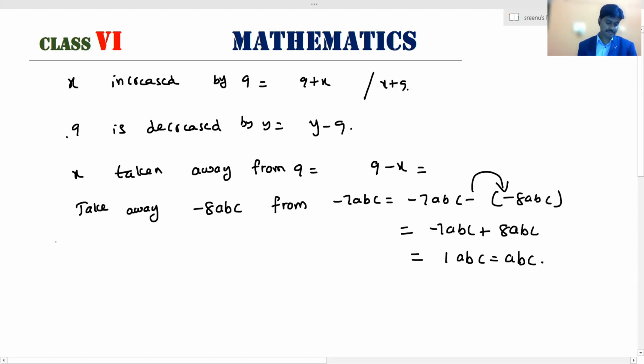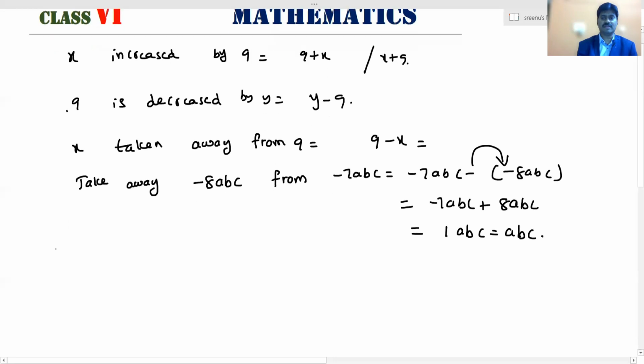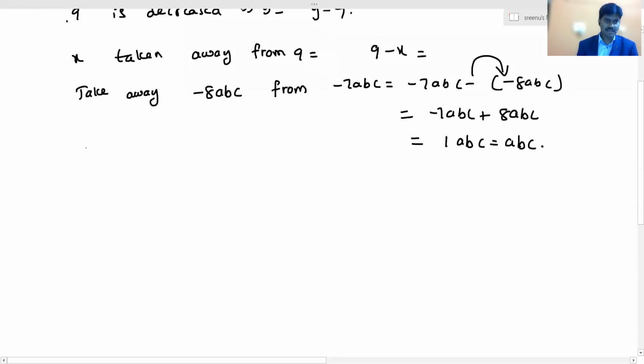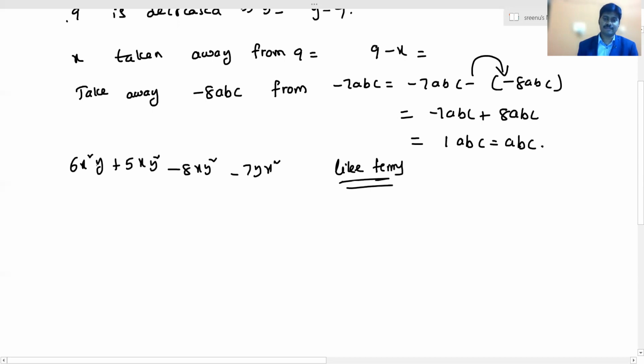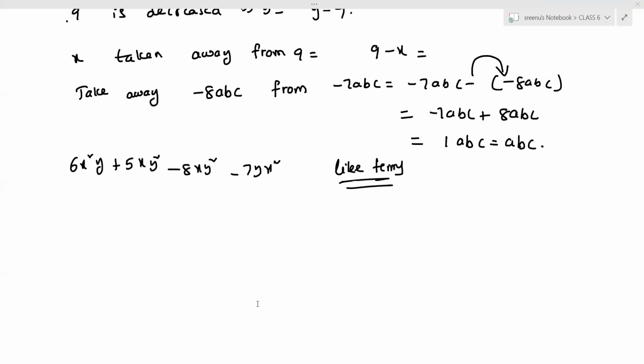Next one. So here one question is given like this. Let's check it out. In 6x square y, these are the examples I'm telling. The particular objective we'll do in the next class. Minus 8xy square minus 7yx square. Among these, what are the like terms? So let's just check the variables here, the literal terms.